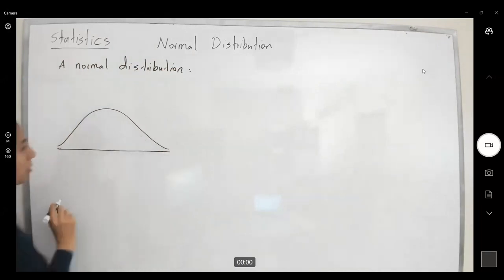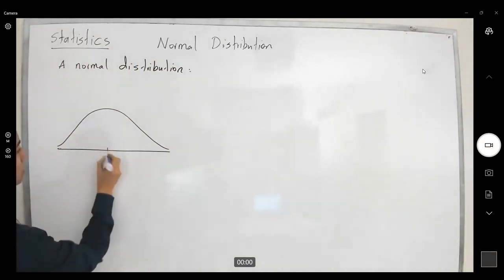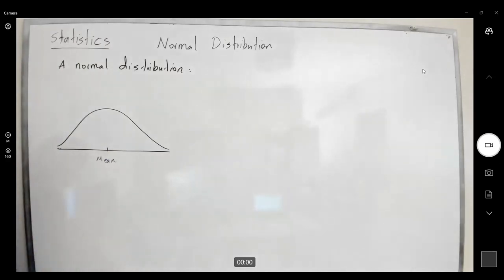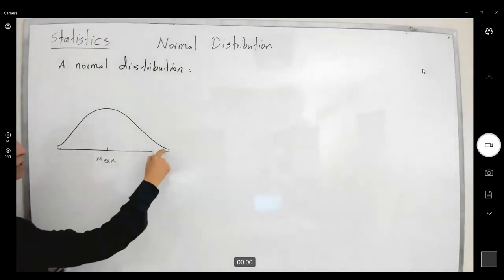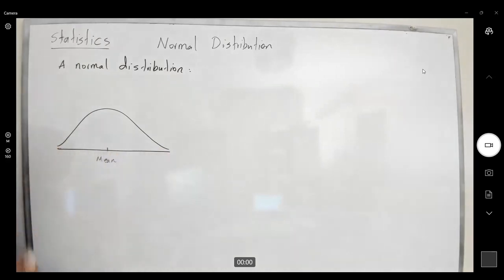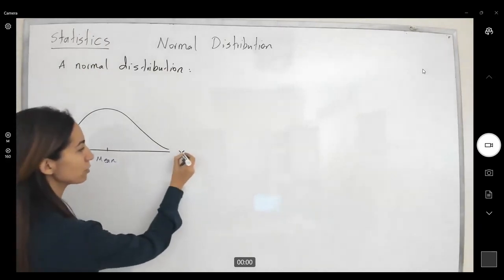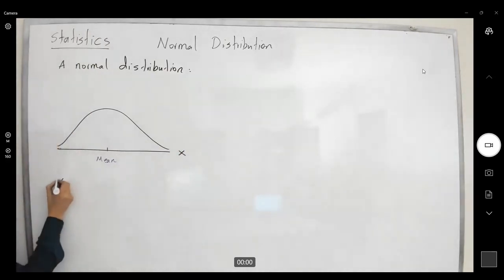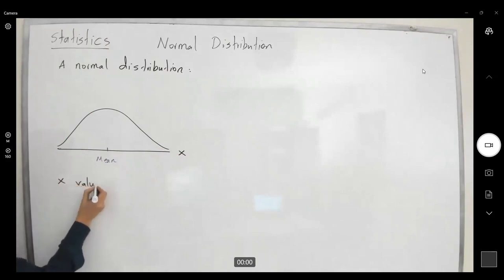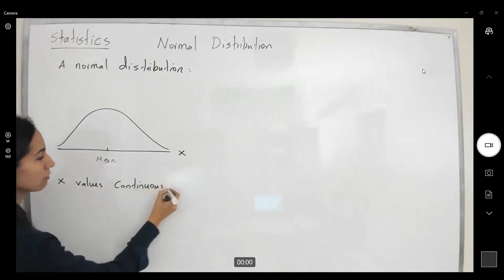Remember that the graph is symmetric with respect to the mean. And remember that there are always gaps between the graph and the horizontal axis, which represents X values. So X values are continuous variables.